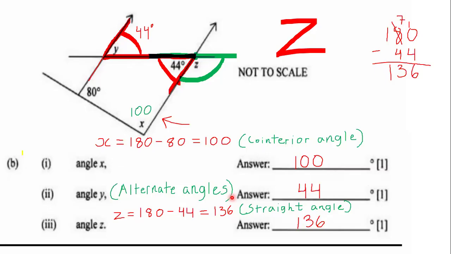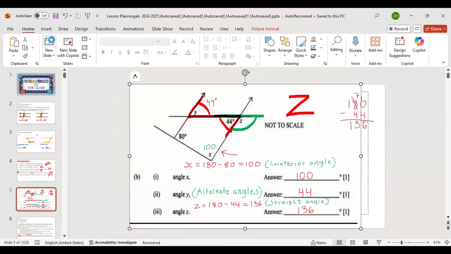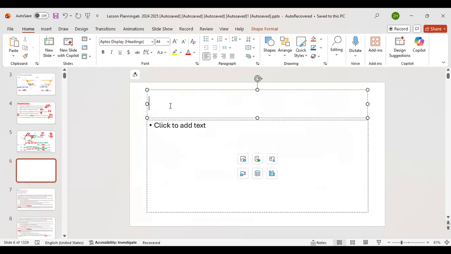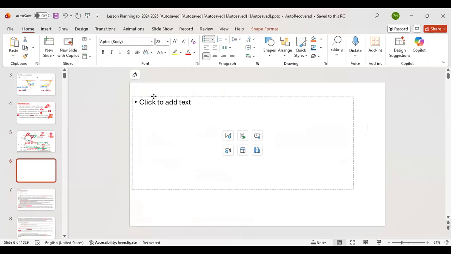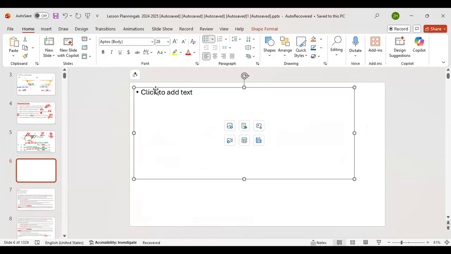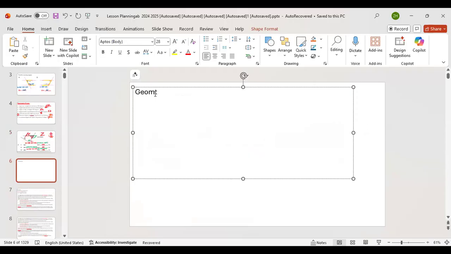All right. Let's go. So the last rule that we're gonna deal with is gonna be corresponding angles. So this is rule number 8. Geometry rule number 8.